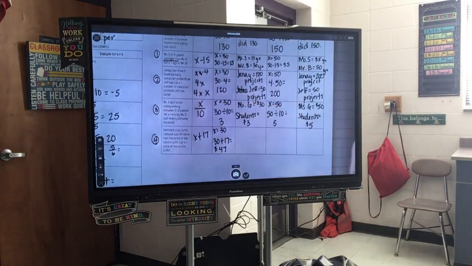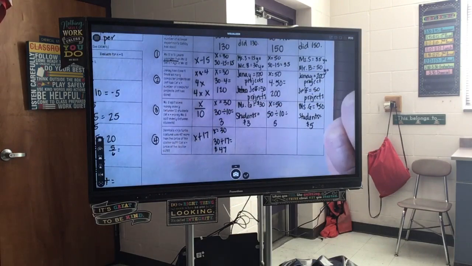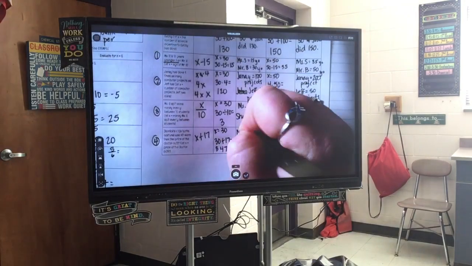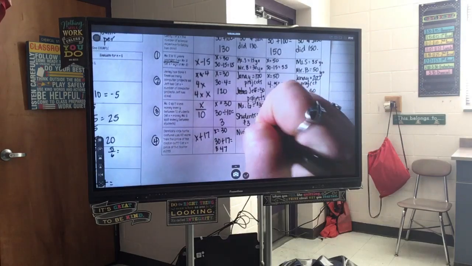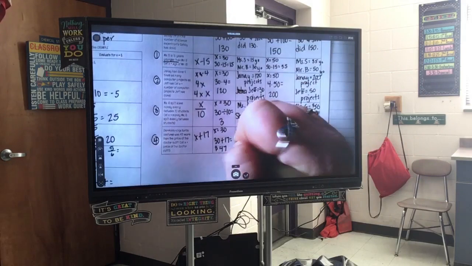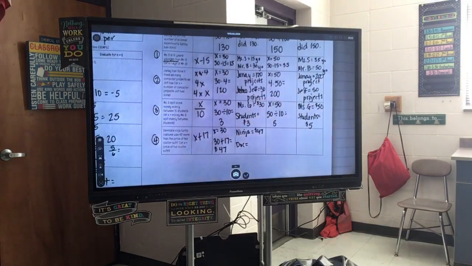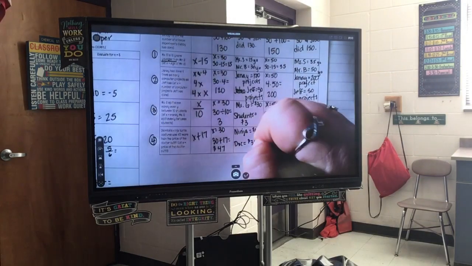All right, so what does that mean? The Ninja Turtle costume is $47. And the doctor outfit is $30. All right, perfect.